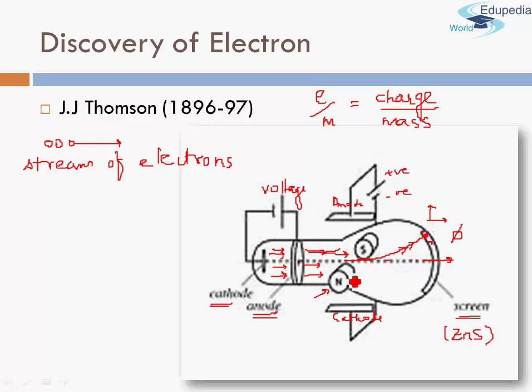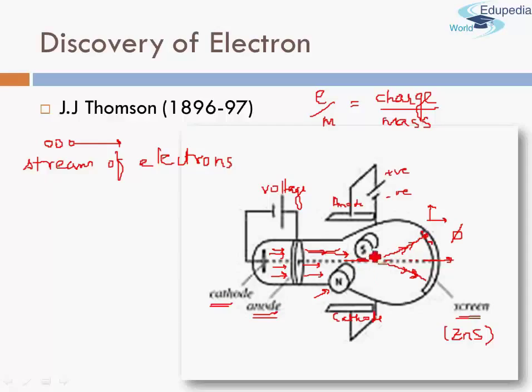He arranged his north and south polarities in such a way that these cathode rays now got deflected in the downward direction. That is opposite to the deflection which was observed due to the electric field.